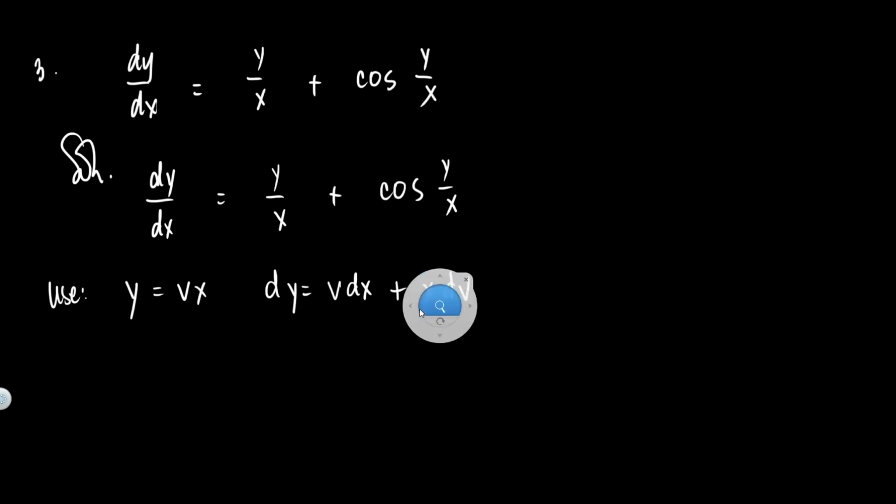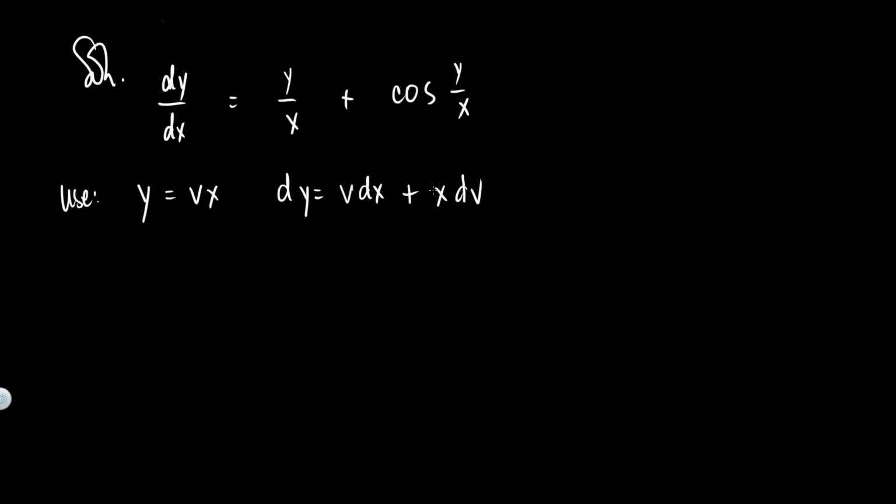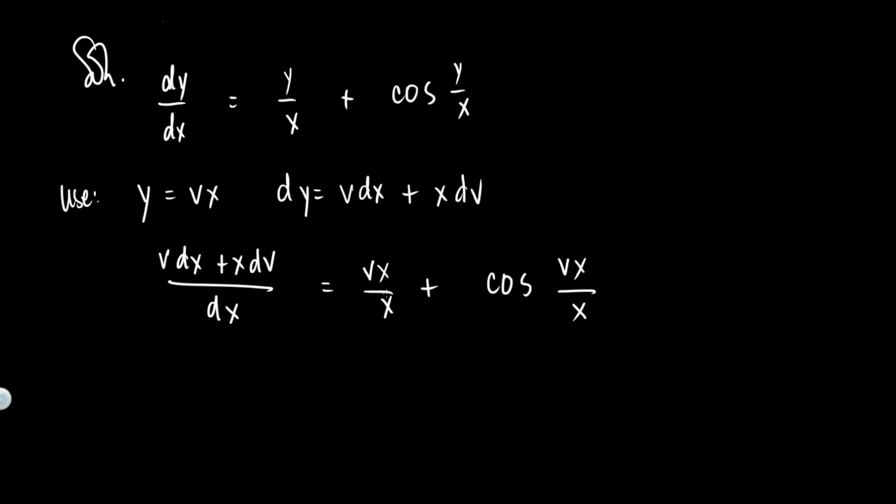Okay. So, substitute na lang natin dun sa original equation. dy is this. So, v dx plus x dv over dx. And y is vx, so vx over x plus cosine of vx over x.